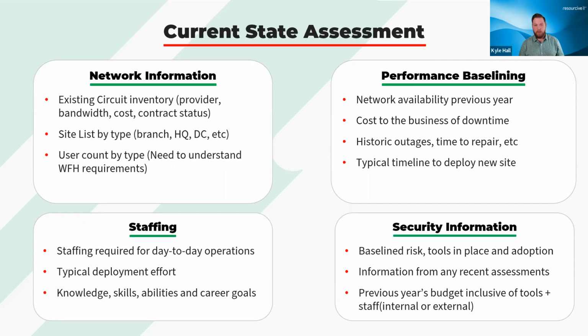I've found that to be pretty important for the things Adrian's going to go into next. And then your user count. Most of this is based on work from home requirements. Most of these solutions have both cost components and implementation implications related to work from home users, so you want to understand what you're getting into there.